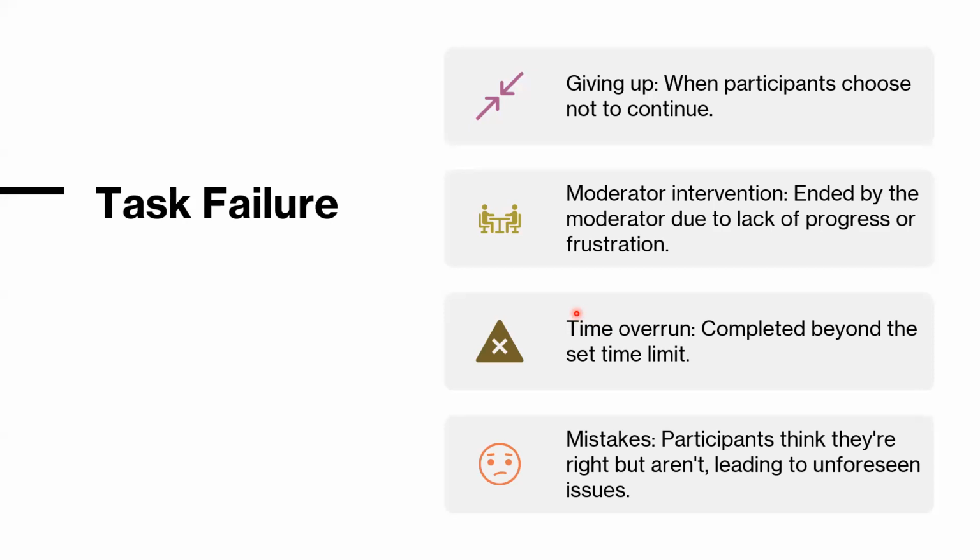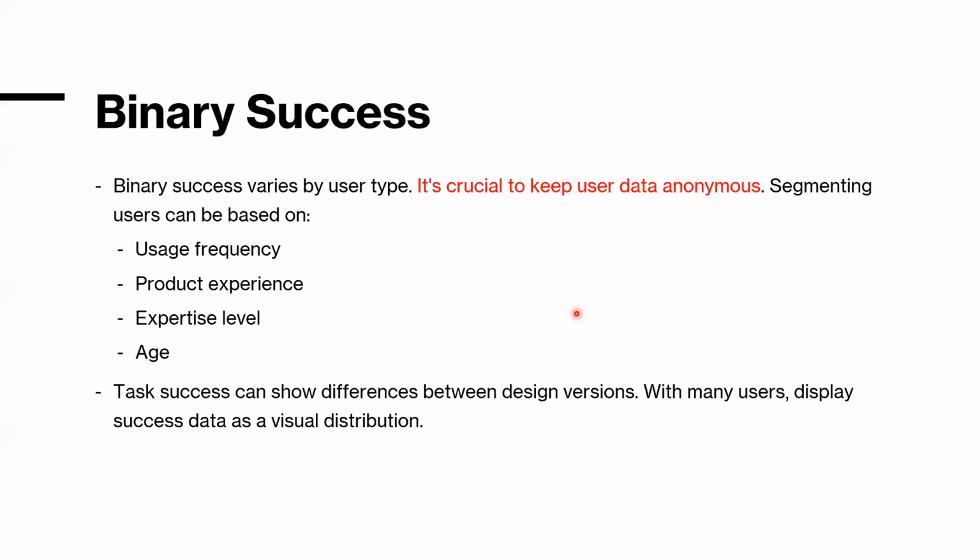For example, you have to submit your assignment. There are different sections to submit it, but because of poor labels and instructions, the user submitted the assignment to the wrong place. So even though the user thinks the task is completed, it actually is not, which can be considered a failure.